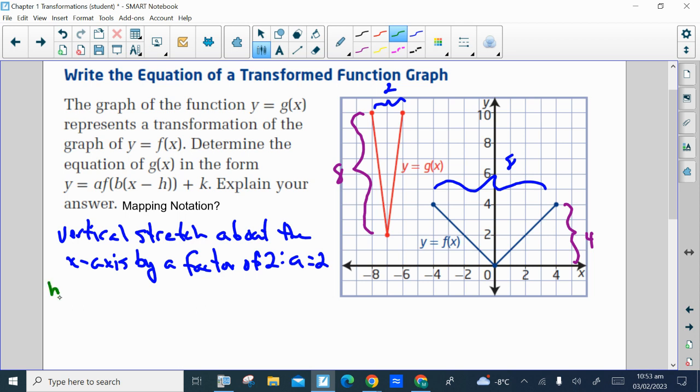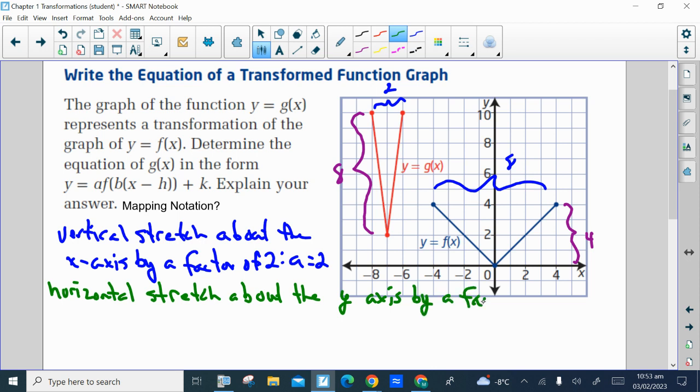Next, we said there's a horizontal stretch. And the horizontal stretch is always about the y-axis. And again, we said that that horizontal stretch factor is 1/4 because the width of the new graph, which was 2 units, is 1/4 the width of the original graph of 8 units. 2 is 1/4 of 8.